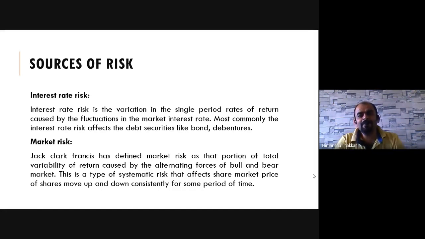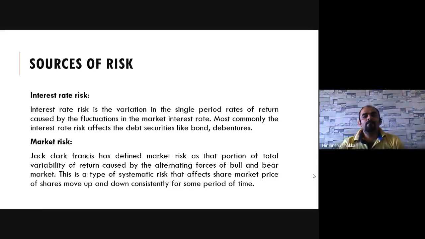So interest rate risk is the variation in the single period rates of return caused by the fluctuation in the market interest rate. Most commonly, the interest rate risk affects the debt securities like bonds, debentures, etc. So you are bound to be affected with the interest rate risk.